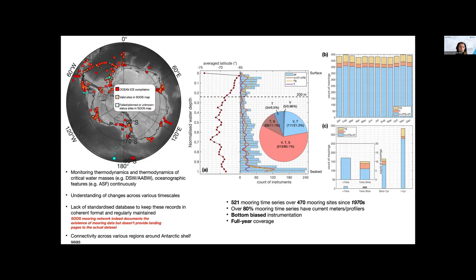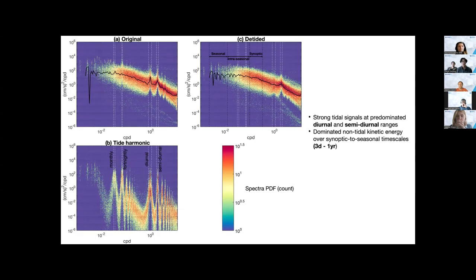These instruments are mostly bottom biased because when we set up the mooring line, we try to avoid putting too many instruments at the surface, to avoid the activity of icebergs and sea ice. Generally speaking, all these mooring time series have nice coverage on the seasonal scale. They record variables across the whole year, and most of them last longer than 1 year. Next slide, please.